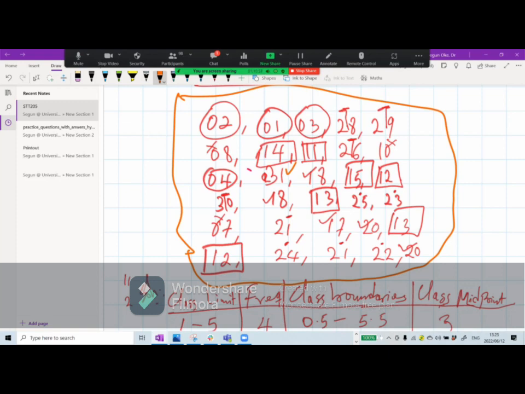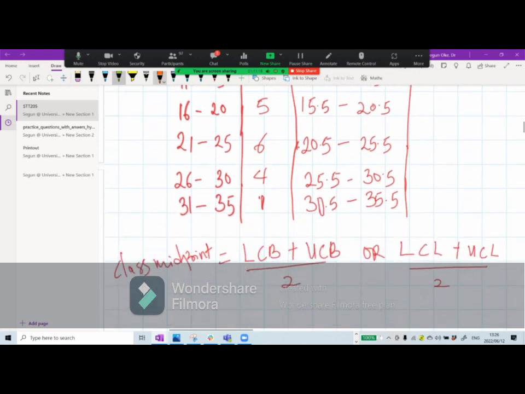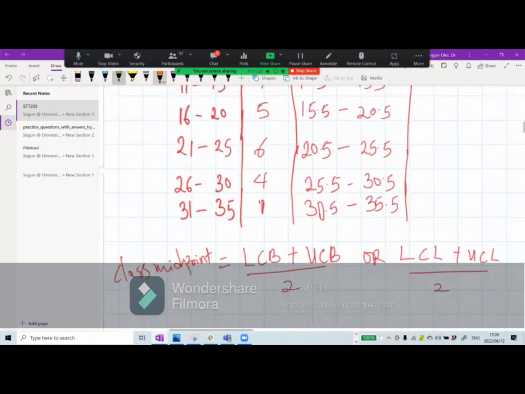Okay. Someone said 87, but it's because when we tick them, it looked like 87. Okay, it just looked like that. Look at the highest point. It's 31.